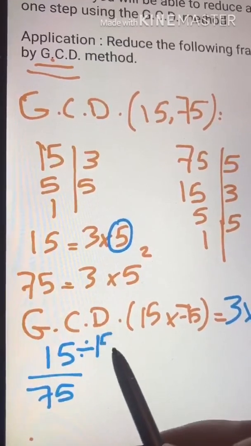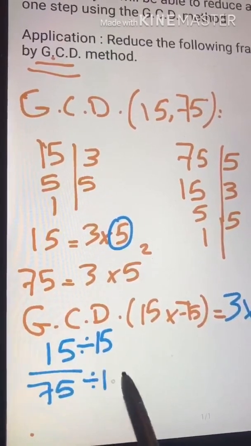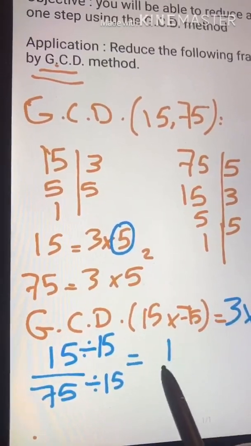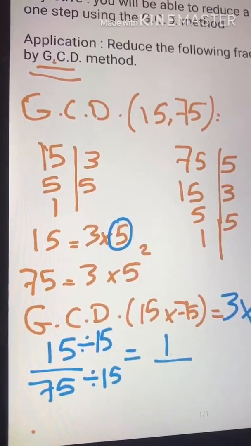Okay, I'm dividing by 15. 15 divided by 15 is equal to 1, and 75 divided by 15.